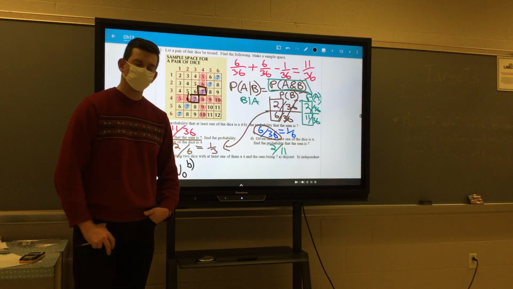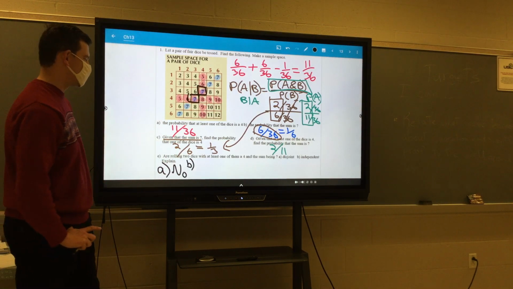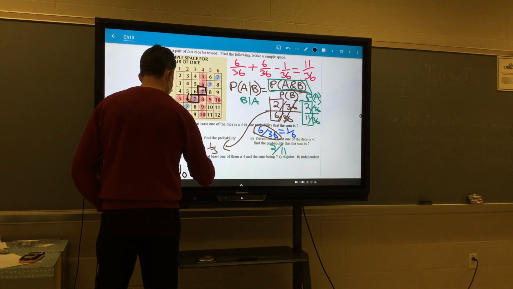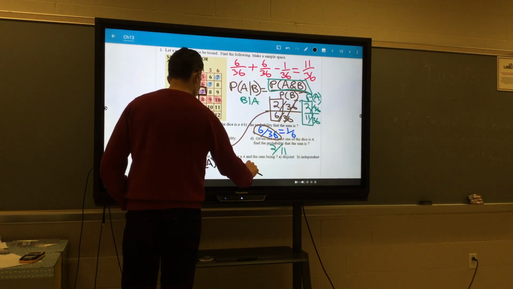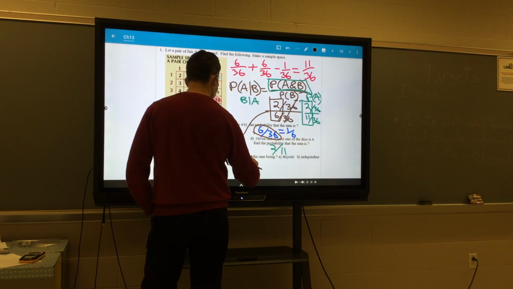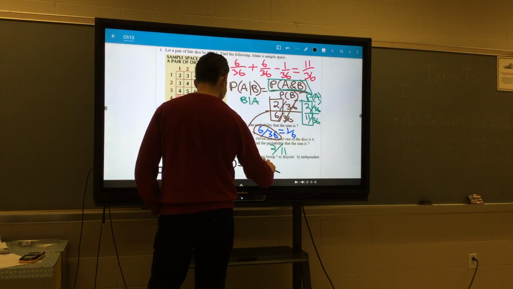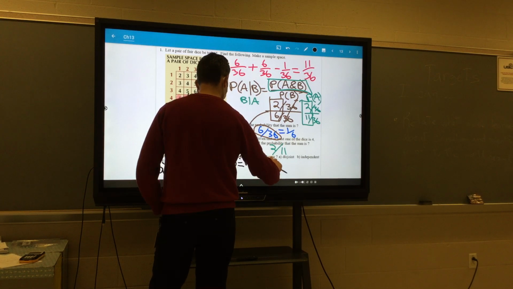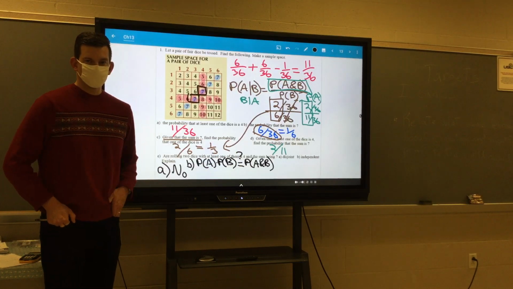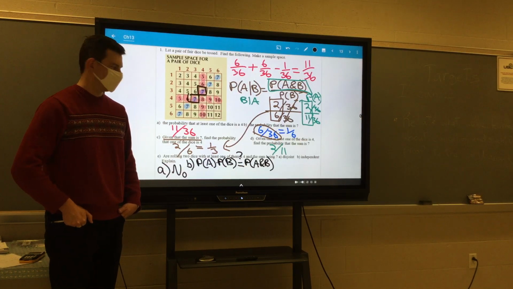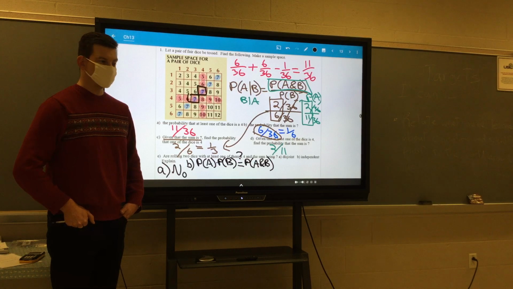But we need to show that if it's independent, it satisfies this equation: probability of A times probability of B needs to be equal to the probability of both A and B. And we test that with a little question mark on top of the equal sign. If they are independent, this will be true.